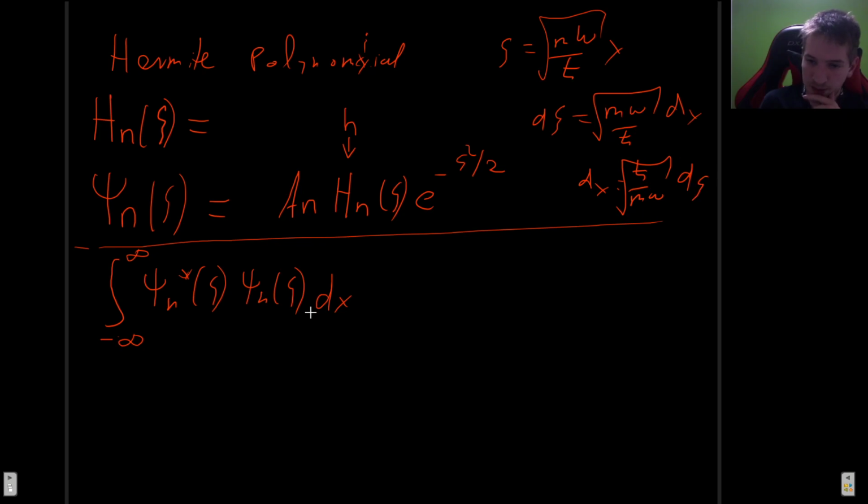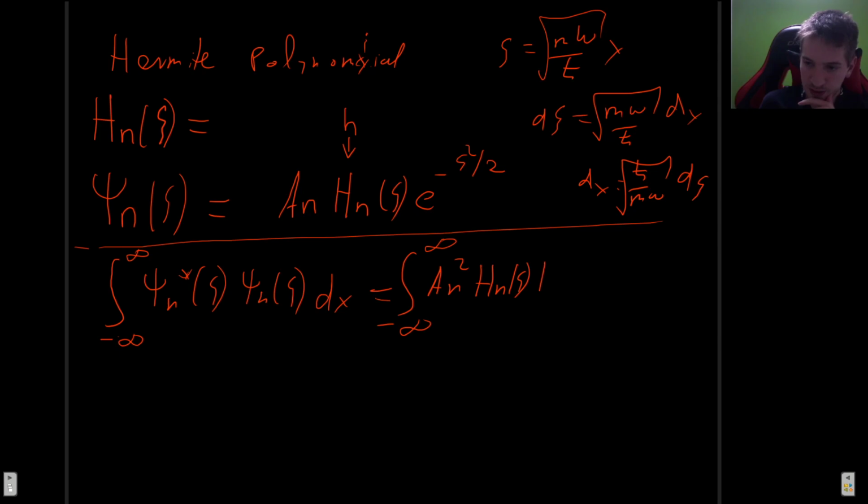All right, so let's put this in here now, and let's write our function here. So it's going to be the integral from minus infinity to infinity of A_n squared times these Hermite polynomials, which are real, so their conjugate is the same.